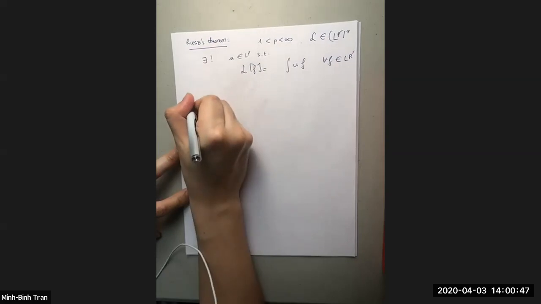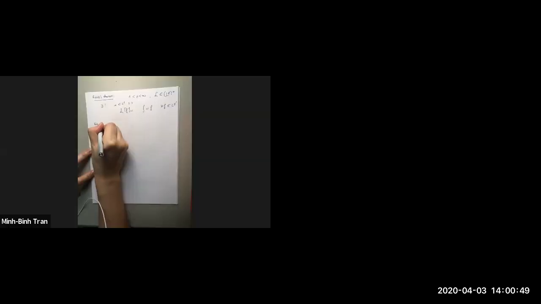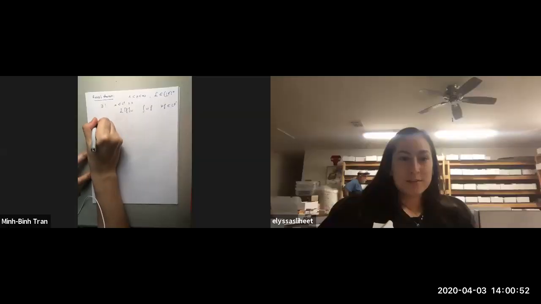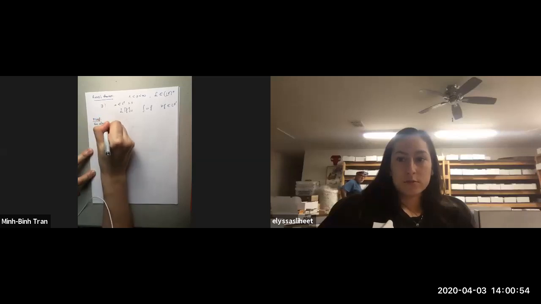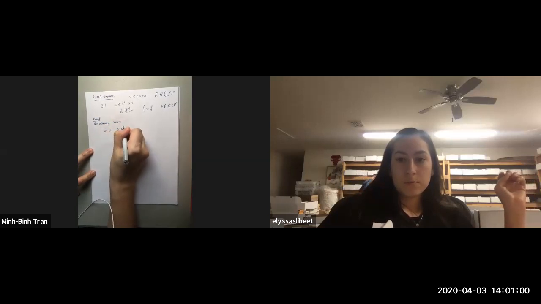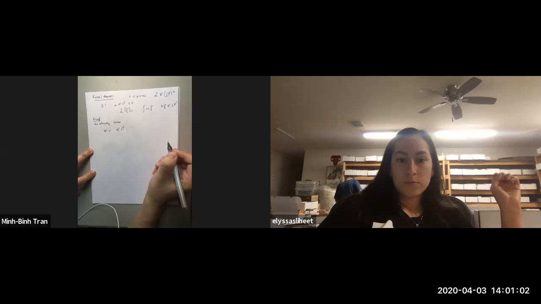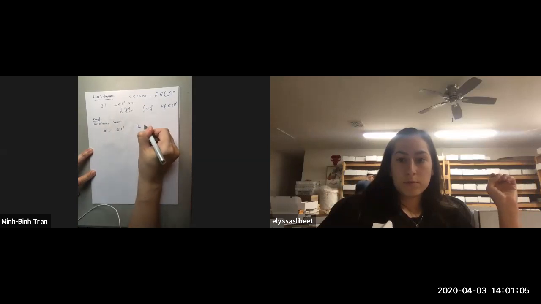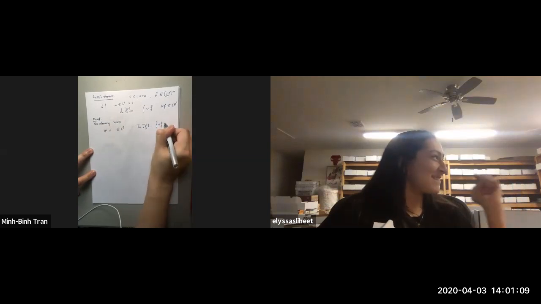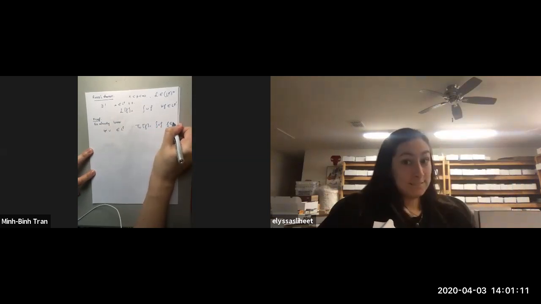We know from the previous proof that for all functions v in L^p, I can define T_v(f) of the form ∫vf, for f in L^p'.